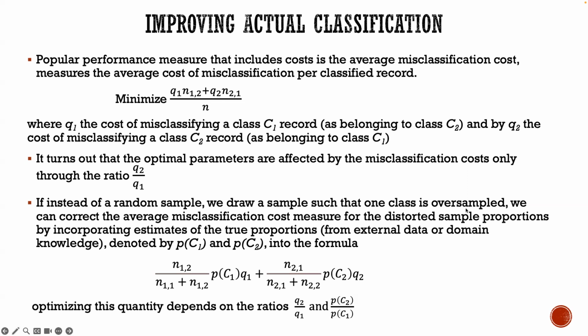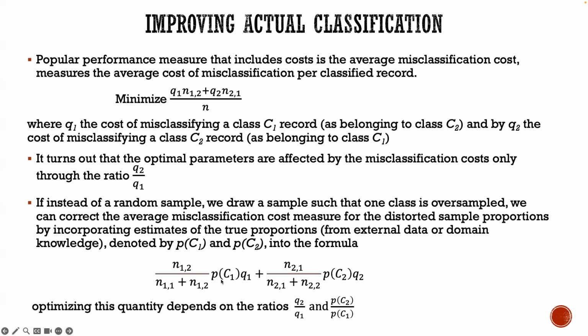So if one class is oversampled in the sample, we would like to correct the average misclassification measures because these are distorted sample proportions. And we look at it in terms of the probability, the true proportion of C1 and the true proportion of C2. Basically, it is the same model that you have here, but now we are multiplying this with the proportions also.